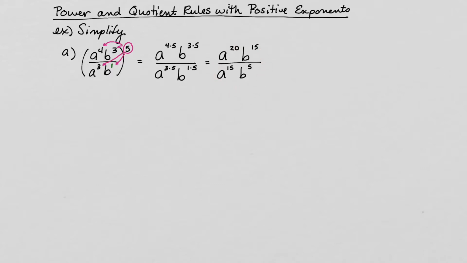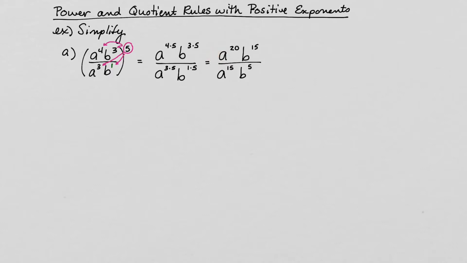What I do is I look at the top and the bottom and I see if there's any variables that are alike. There's a's on top and a's on the bottom. Then I ask myself, where do I have more a's? Do I have more a's on the top or more a's on the bottom? In this case, I have more a's on the top. And then I ask myself, how many more a's?